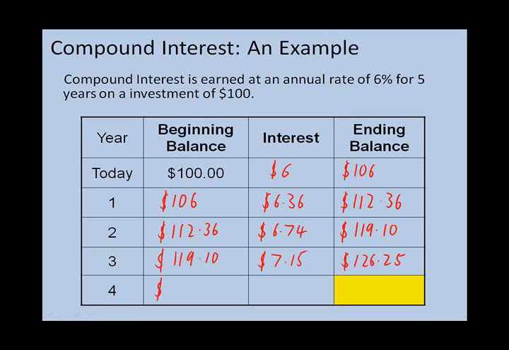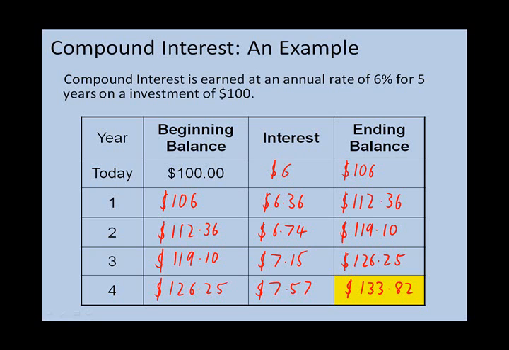And by the final year, we start with $126.25. We earn interest now of $7.57, which is considerably more than the $6 of simple interest, because we're earning interest on interest. And our final dollar amount after 5 years is $133.82.